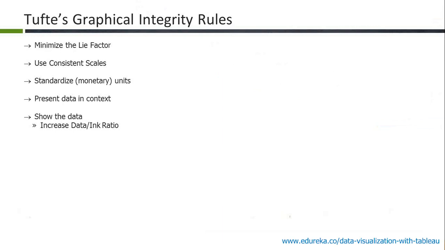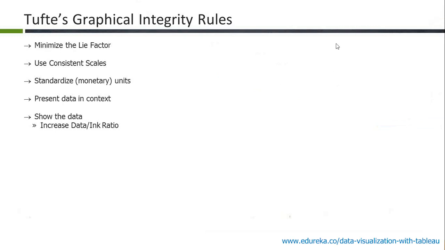This cannot happen. It has to have a consistent scale. Standardize the monetary value. If you make a graph showing rupees, pound, euro, yen, yuan in the same graph, try to standardize the currency value or use a similar transformation pattern accepted worldwide. Please do not show multiple scales in one single graph.